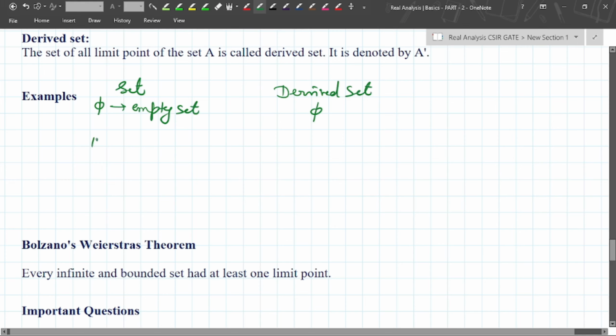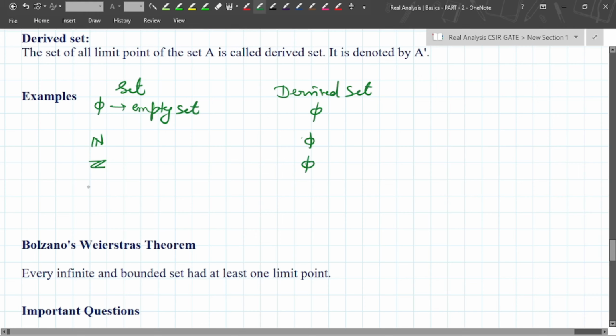If it is the natural numbers, what is the limit point? There is no limit point in the natural numbers, so the derived set is also empty. Next thing, the integers Z. There is also no limit point, because there is no open interval or neighborhood that exists. So the derived set is also empty.